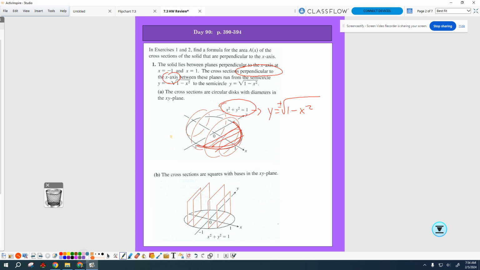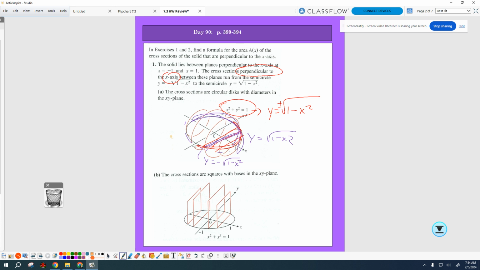The top curve is the positive, and the bottom curve is the negative. So the diameter is the positive 1 minus the negative 1, which is also known as twice that square root. But that's the diameter, and I only wanted half of that. So the radius is just that square root, and that squared is something nice and pretty.